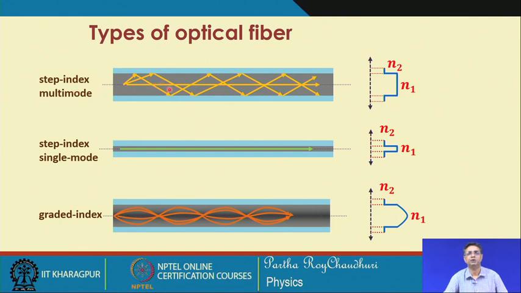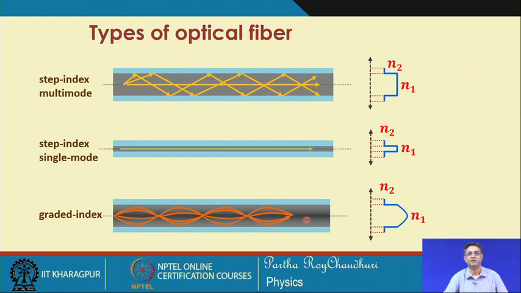This is one multimode fiber which has a slightly larger core area, and you have a step index single mode fiber. The rays are almost straight, which we call a weakly guiding fiber, and the core is much smaller, of the order of 9 to 10 micrometer in diameter, whereas this could be 50 micrometer in diameter.